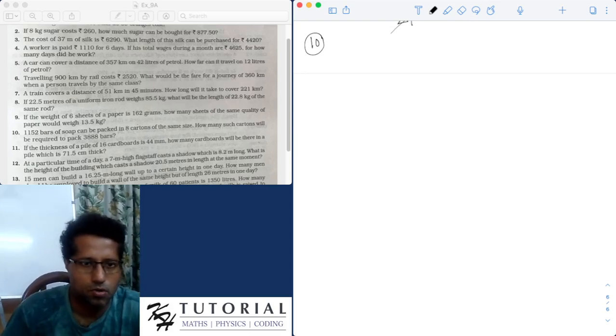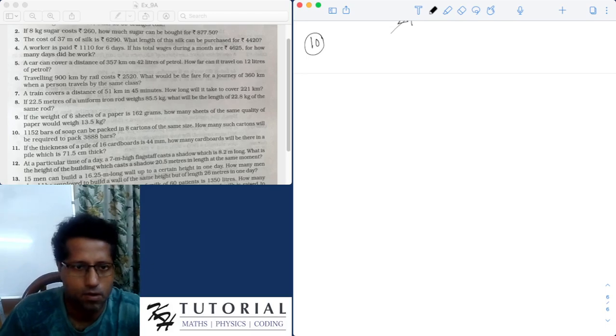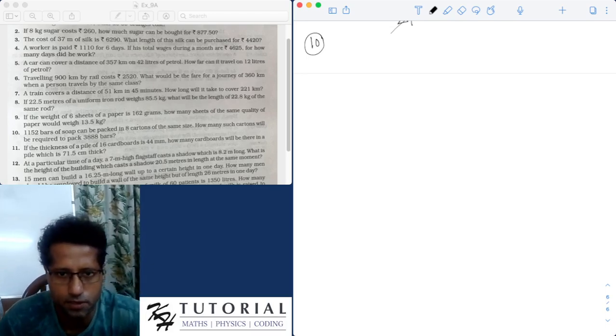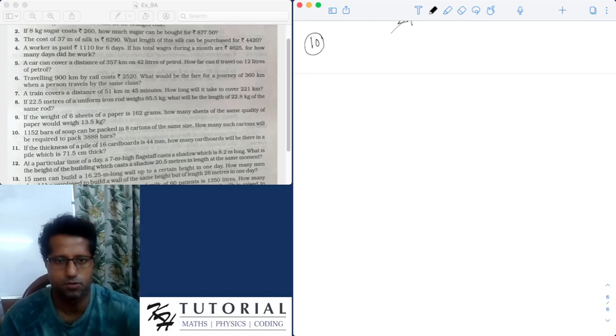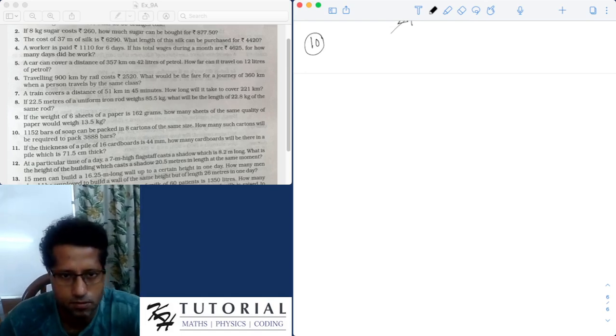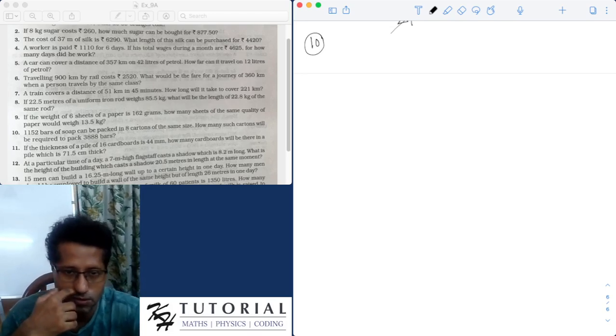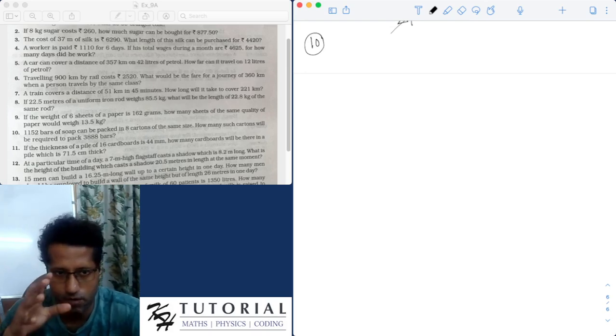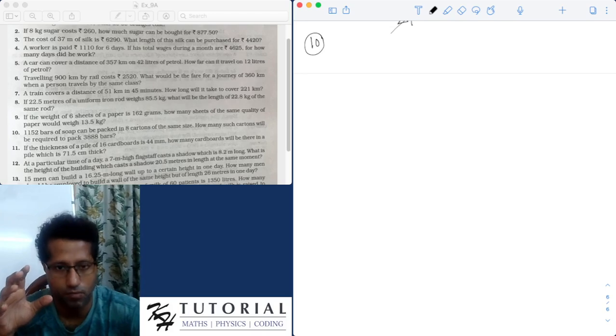Now you have to understand the quantities that are in direct proportion. Since the cartons are of the same size, each carton can store the same number of bars. So the quantities here are the number of bars and the number of cartons.